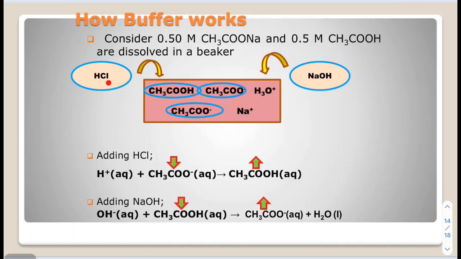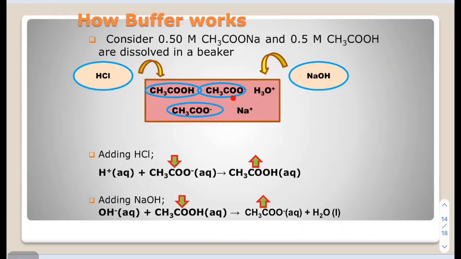When acid is added to the system, it will react with the base. So we have acetic acid and acetate ion. We know that acetate ion is a conjugate base. So the HCl that is added to this system actually reacts with the acetate ion.